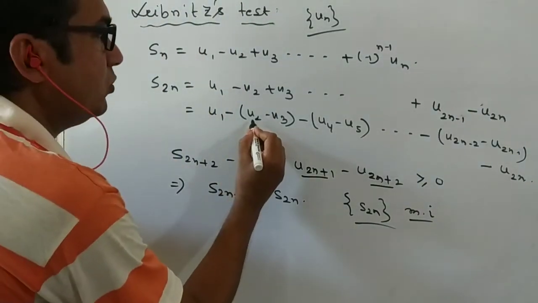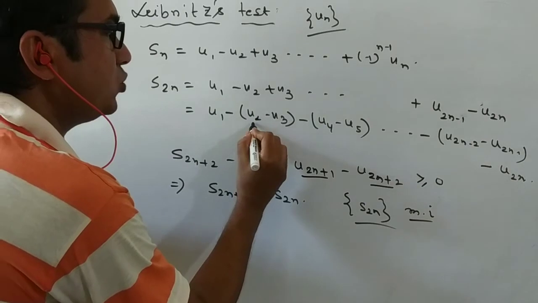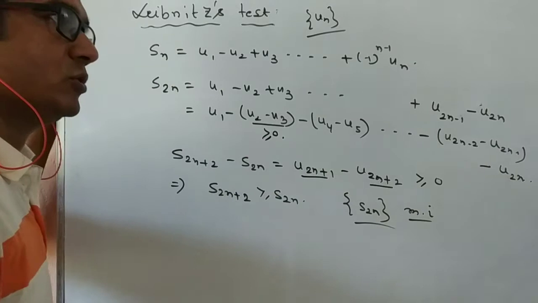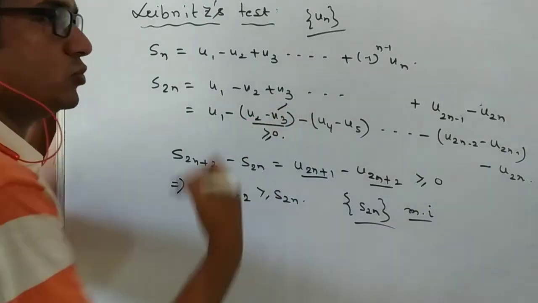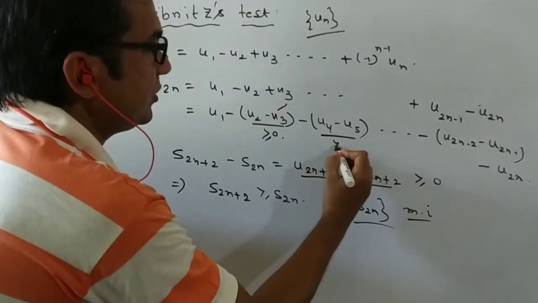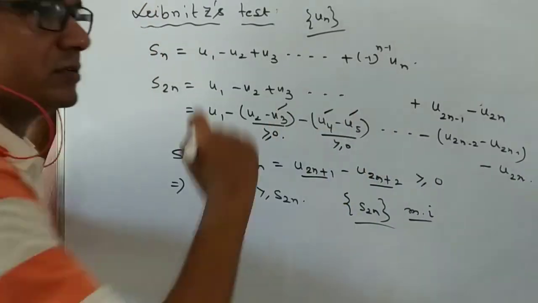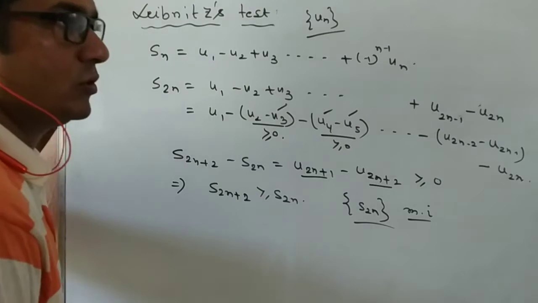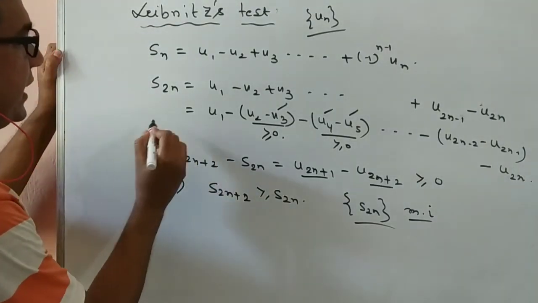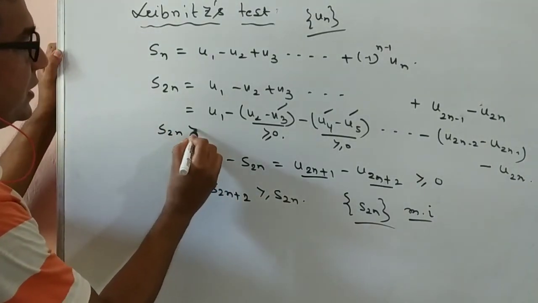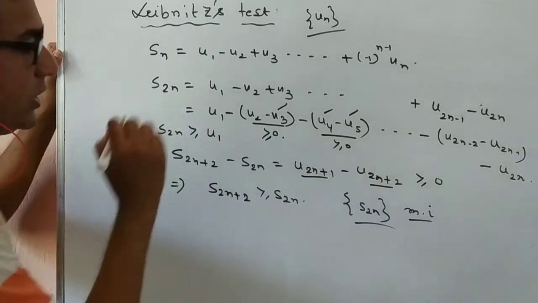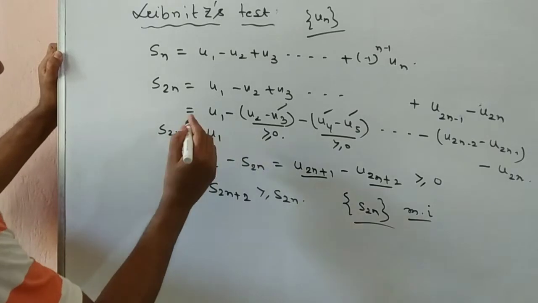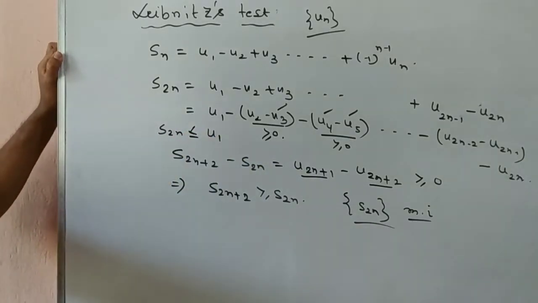All the terms u2 - u3 are greater than or equal to 0 because u3 is less than u2, and this is greater than or equal to 0 because u5 is less than u4, and so on. So we can say that S2n is less than or equal to u1.